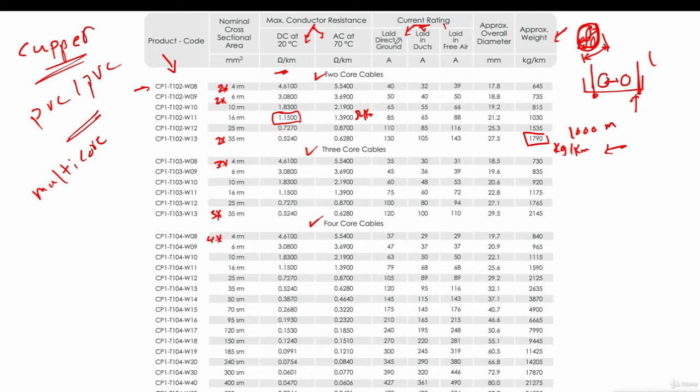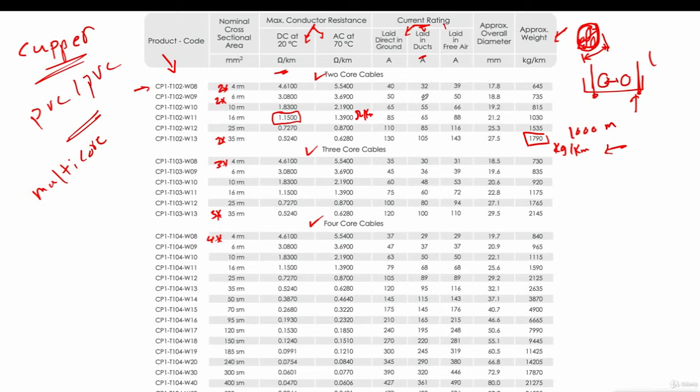One, if the cable is laid direct in ground, and one if laid in duct. And by duct we mean if you laid it in a conduit or a cable tray or a cable trunk or a cable ladder, whatever the duct means. And if the cable is laid in free air, direct free in air. So we have three types of installation, and according to the installation the current rating is given.